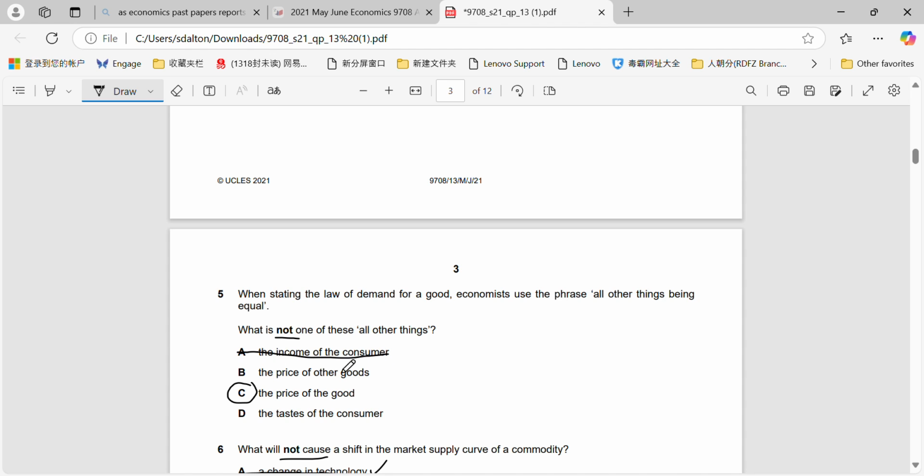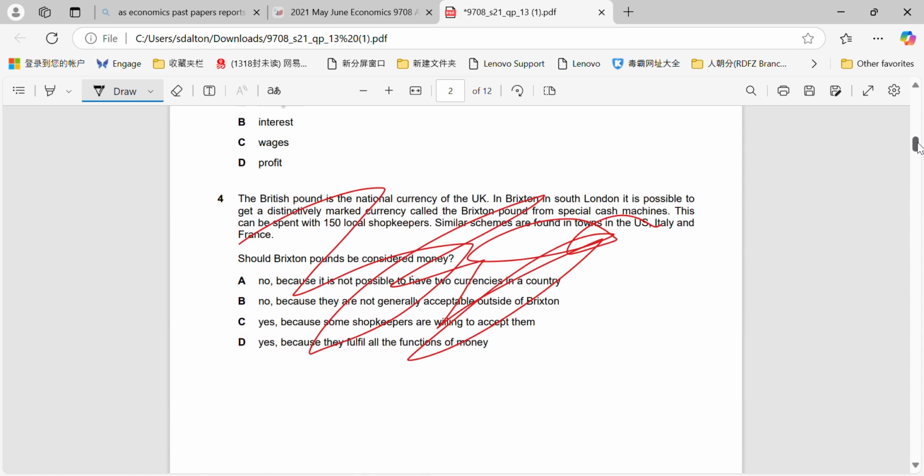So income of consumers, price of other goods, and tastes of consumers would all be assumed to remain constant at the time that we're drawing the diagram. So again, to recap, you just need to go look at ceteris paribus. It's in one of your first chapters, and generally it assumes that only the price of the product is changing when we're drawing the demand and supply curves.